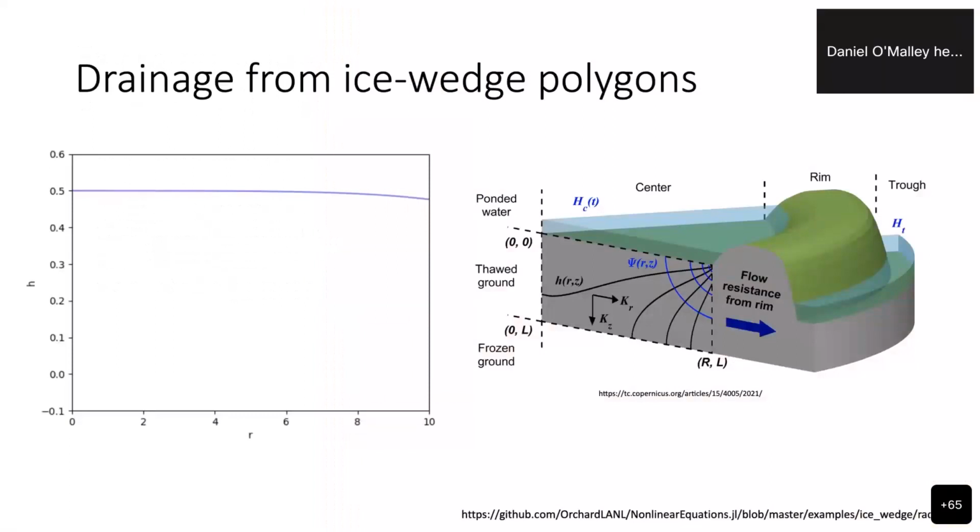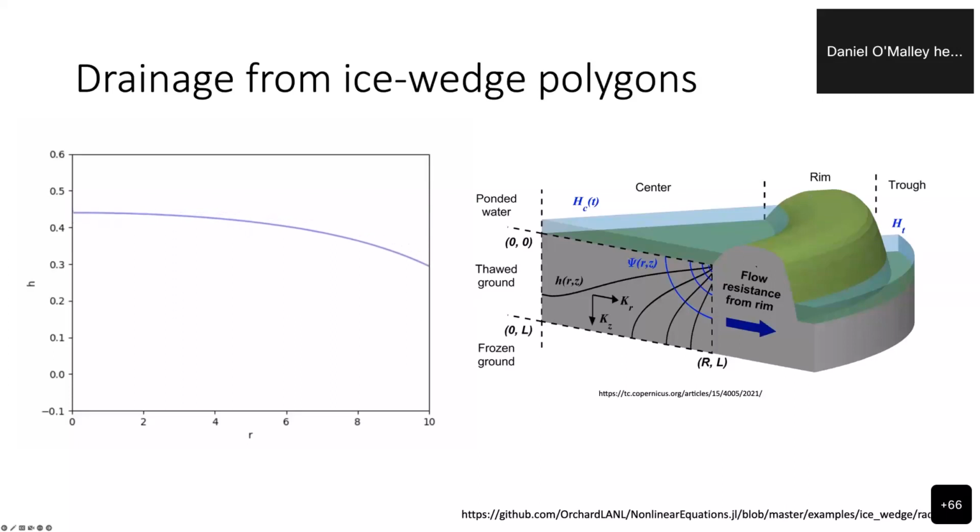And just to say a little bit more about these models. This is the model I talked about with Dylan Harp, where it's drainage from an ice wedge. These are things they model up in the Arctic. They have some frozen ground down here, some thawed ground here, and then pooling water here. And they have these troughs here, or these little bumps in the ground, smaller than hills, and then water flowing in between these high points.